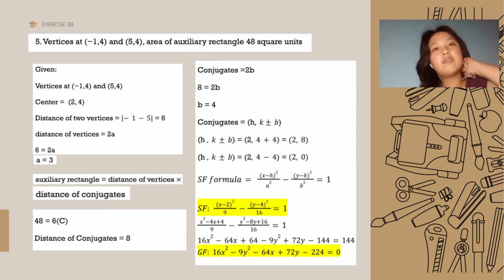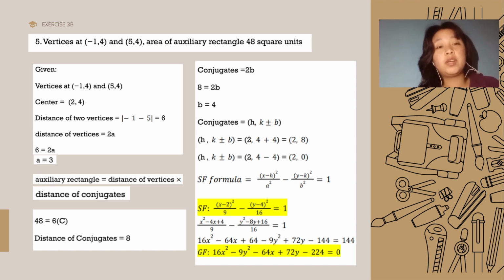So, number 5, vertices at negative 1 and 4 and 5 and 4, the area of auxiliary rectangle is 48 square units. So, given ang ating square units is 48, given na rin ang ating vertices na kung saan ito ay negative 1 and 4 and 5 and 4. Given na rin ang center, which is 2 and 4.